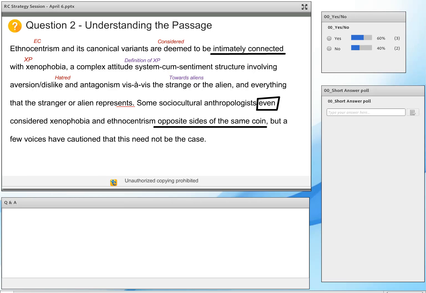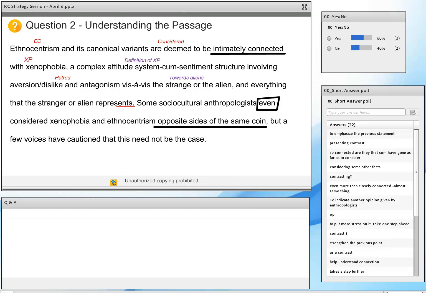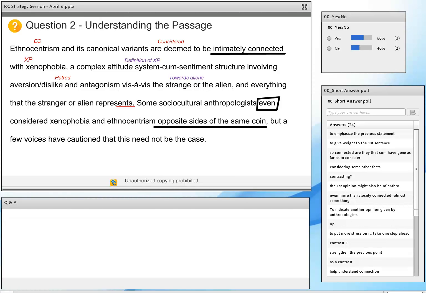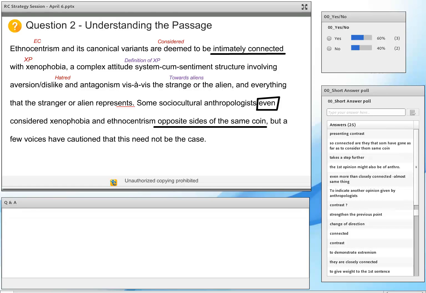Let's get a few more points here. Okay, so I would say there are some correct answers here, and I'm going to tell you what the correct answer is. The author earlier said in the beginning of the passage that there are some people who think that EC and XP are very closely connected.